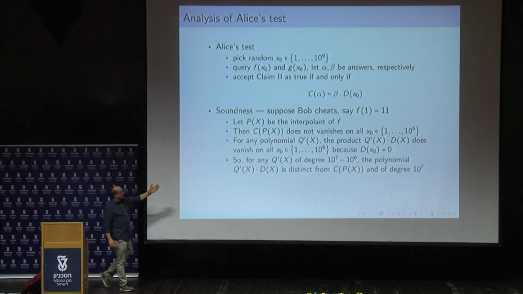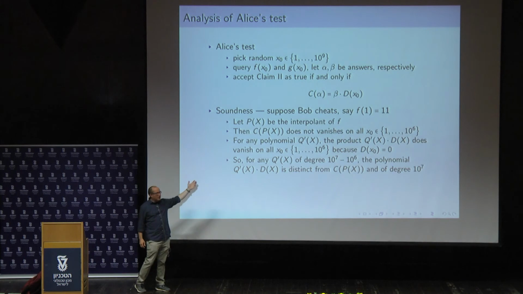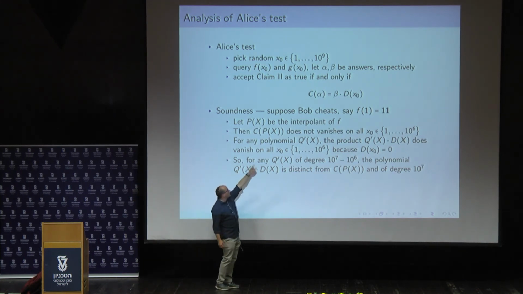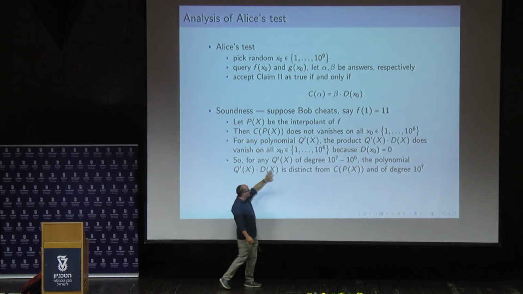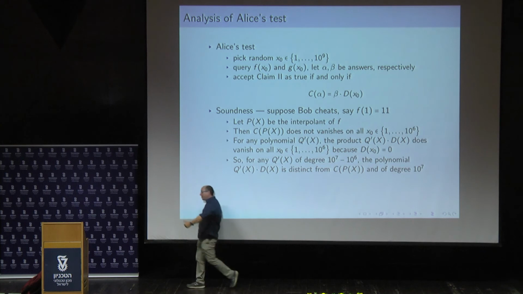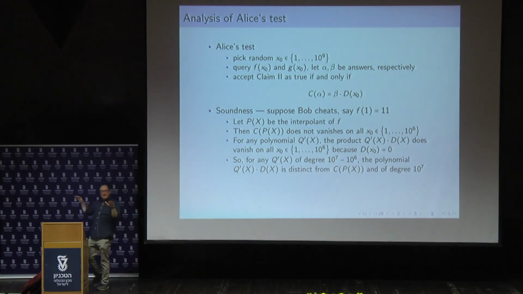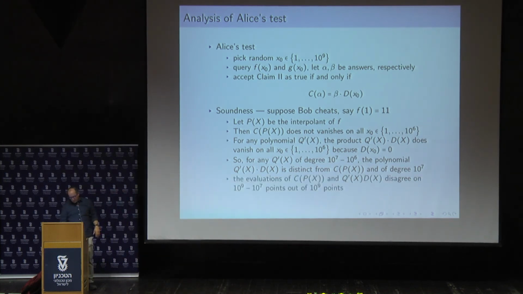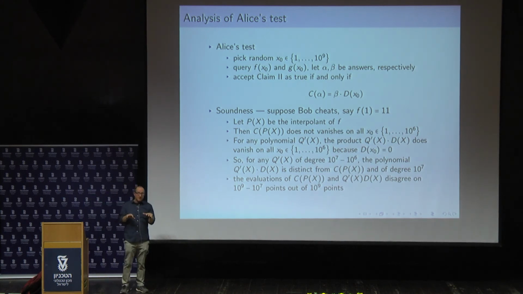So that's what's written here. For any low-degree polynomial of degree 9,000,000, this polynomial that is actually appearing on the right-hand side is distinct. It's not the same polynomial as the left-hand side. And now we go back to the fact about the distance of polynomials. We know that 2 polynomials of degree d, if they're not the same, can agree on only d many points.